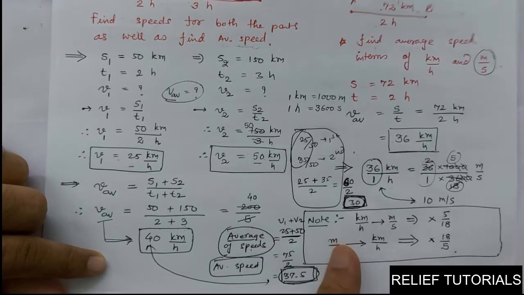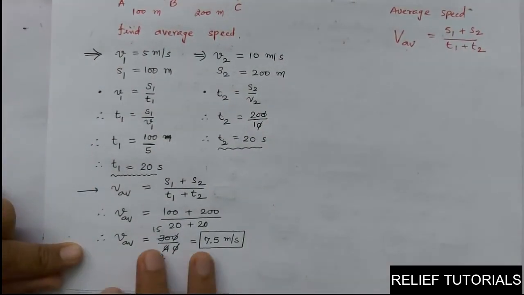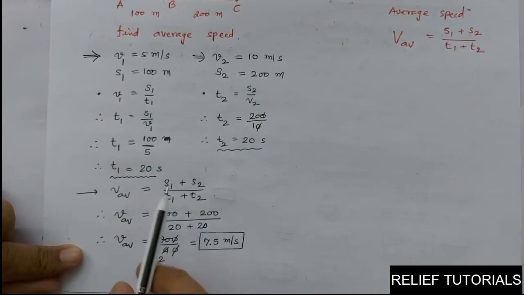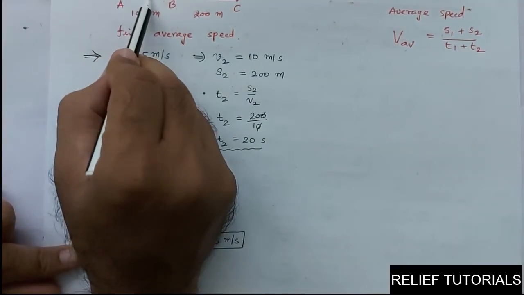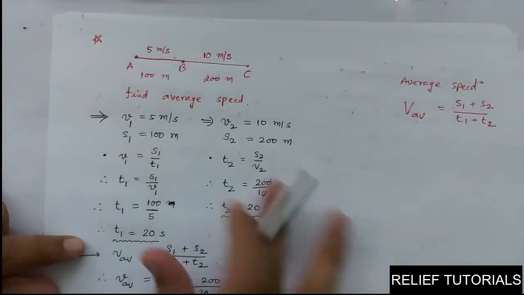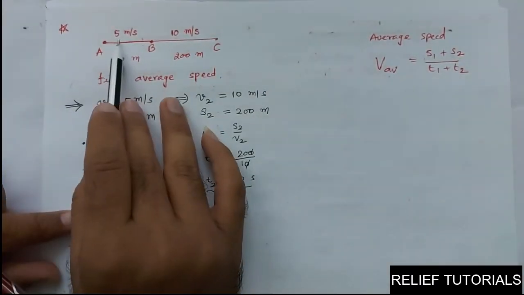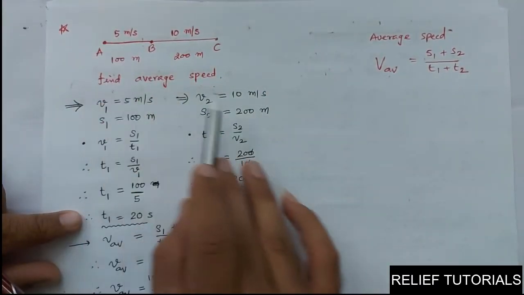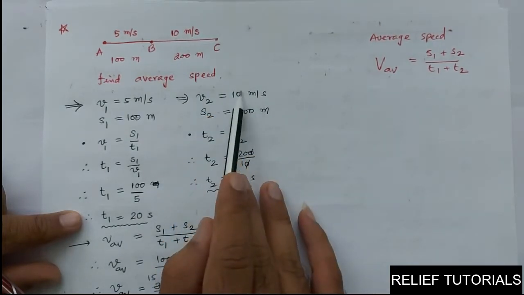Okay, so one thing. Second thing, here if you note, in this example that recently we have solved, the speed for the first part of the journey is 5 meter per second. Speed for the second part of the journey is 10 meter per second.